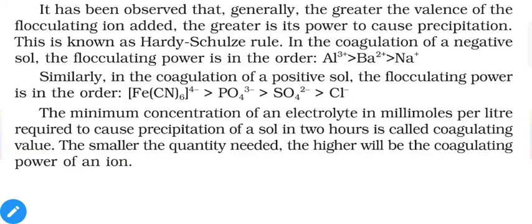Now flocculating power means, suppose you have 10 colloidal particles and you want to neutralize them so that they can precipitate. Let us say for that our requirement is 3 sodium ions. You need 3 Na+ to neutralize 10 colloidal particles. Then the requirement of Ba will be less than that. The requirement of Ba will be 2.